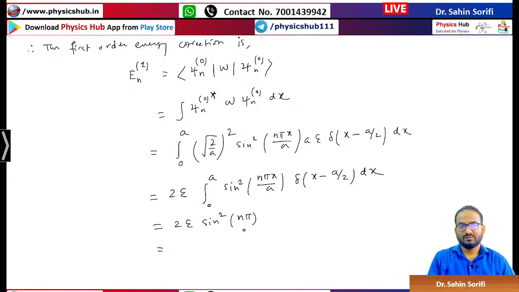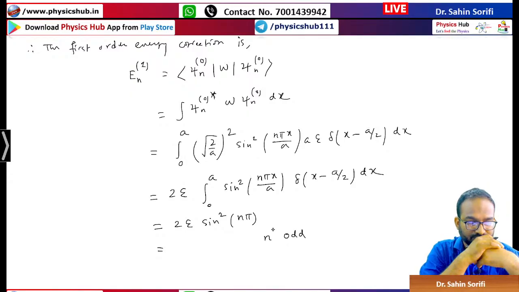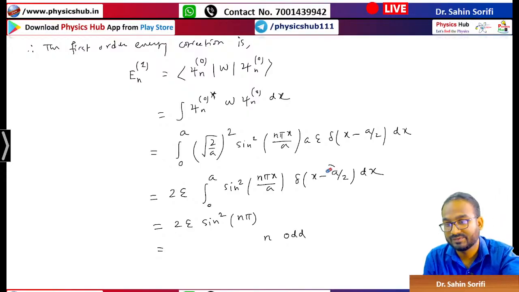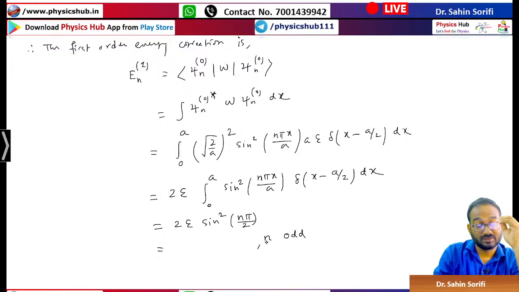So obviously, if n is odd, what will be this value? At x equal to a by 2, it will not be n pi, it will be n pi by 2. So when n is odd, pi by 2, 3 pi by 2, 5 pi by 2, so that will be 1 when squared, so this is 2 epsilon.